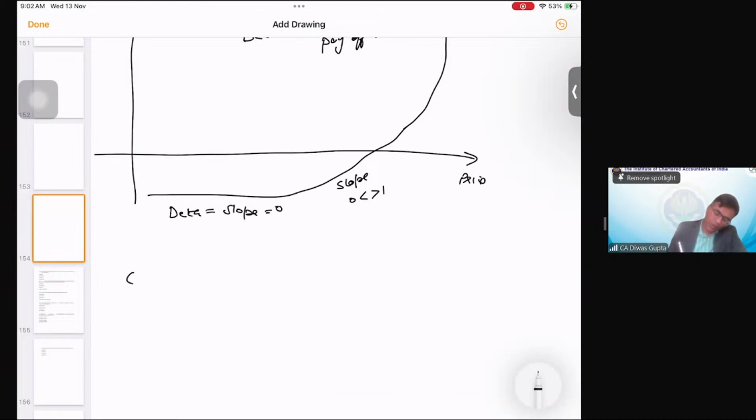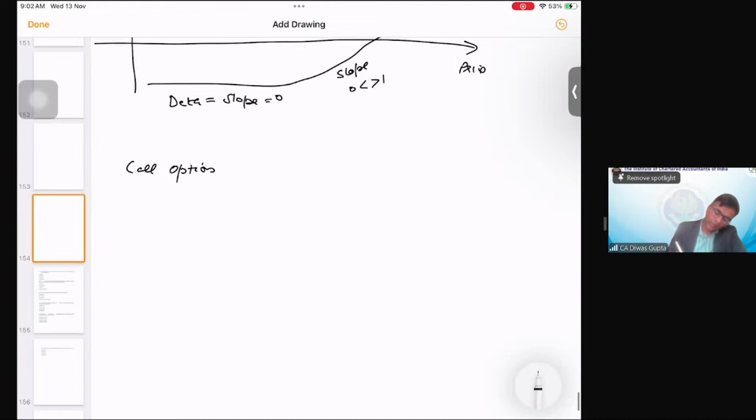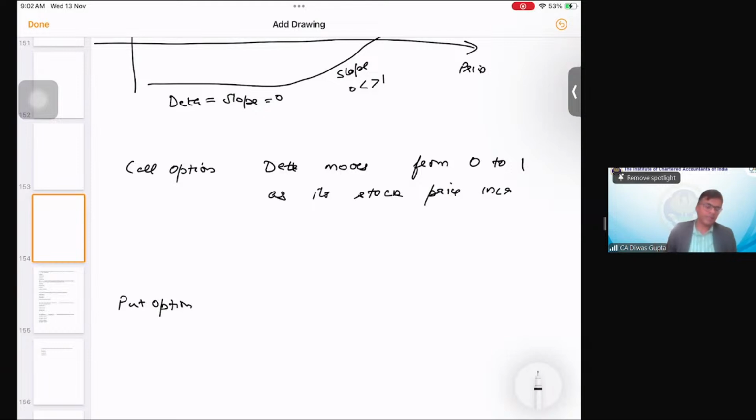So for call option and for put option, so call option delta moves from 0 to 1 as its stock price increases.